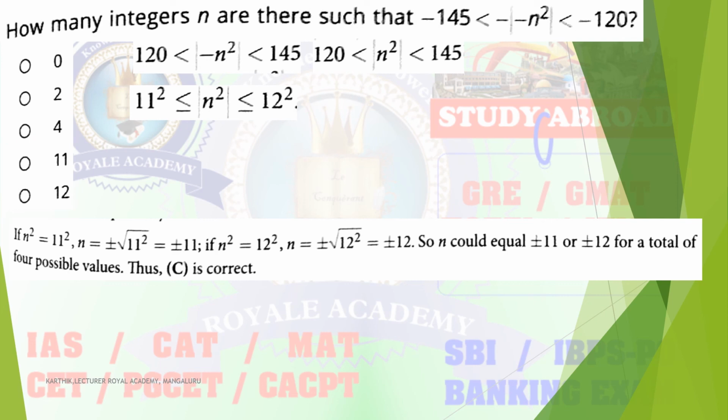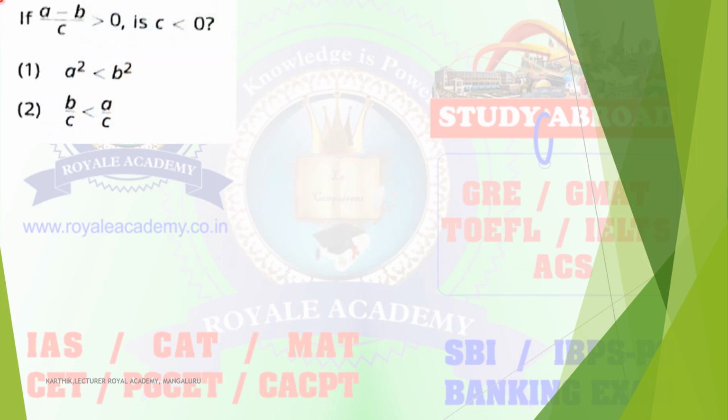Okay, I hope all of you understood. Option C is correct. Next question: if A minus B divided by C is greater than 0, is C less than 0? You have to determine. Two statements are given.